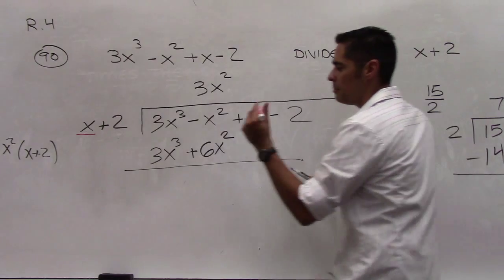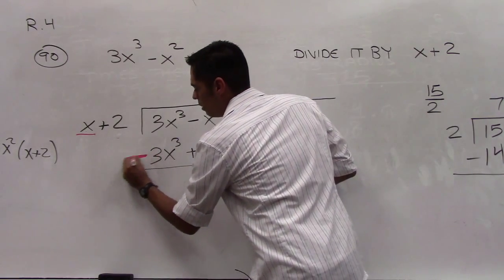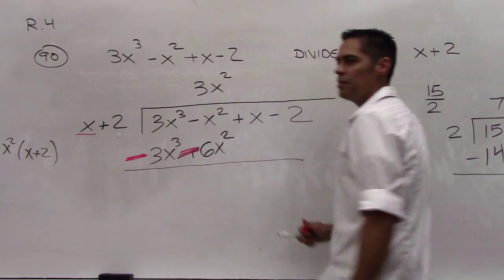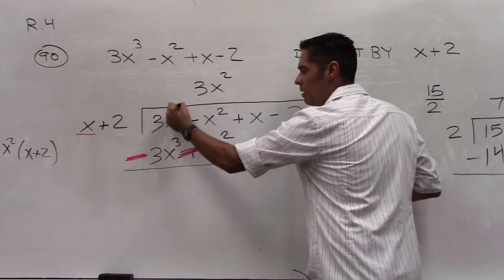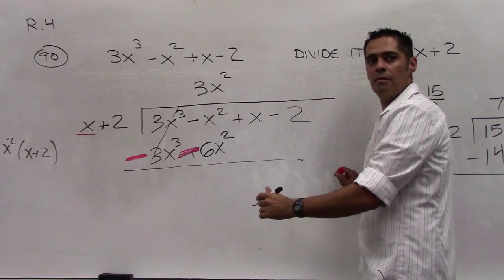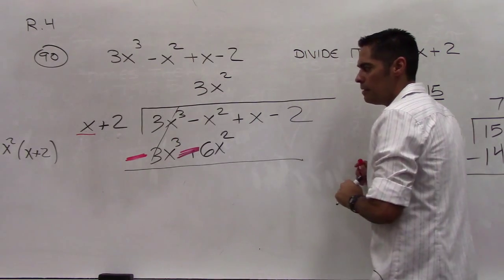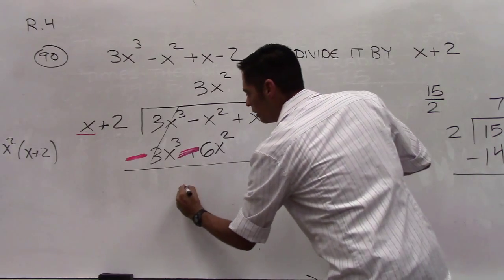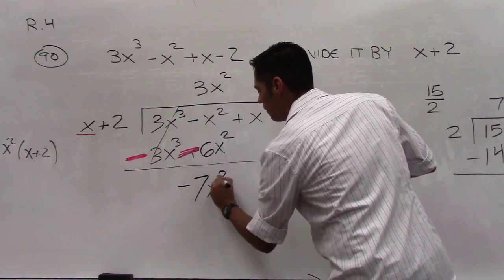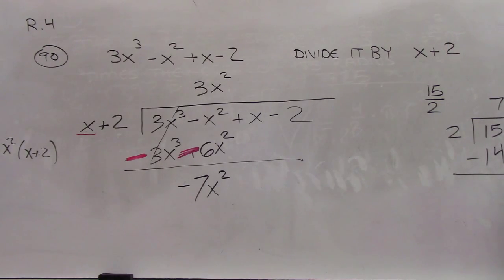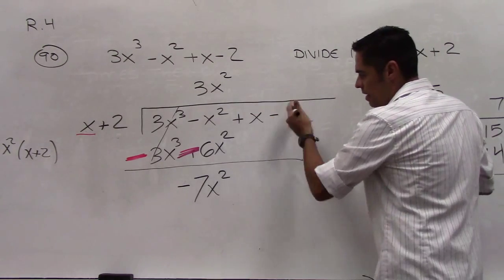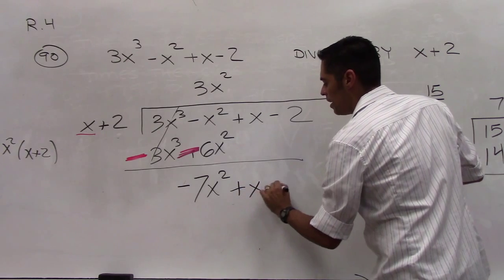So since I'm changing the signs, I'm going to exaggerate a little so that everyone sees I did change the signs. And then we add straight down. So these go away. They should always go away, or else you messed something up. And then here, negative 7x squared, because negative added together, you're still negative. Plus, you just bring these down, plus x minus 2.